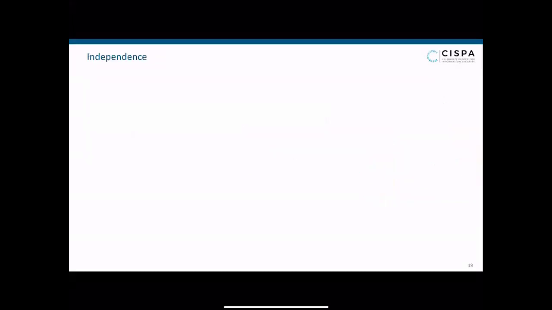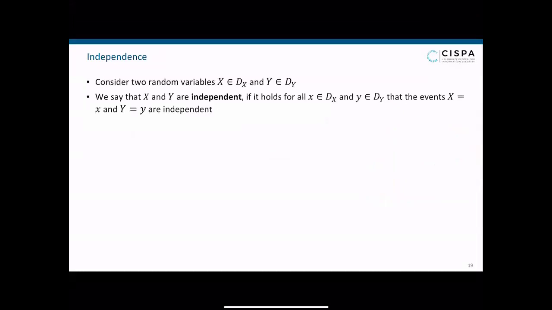Okay. Now, there's still another important concept called independence of random variables. We've already seen independence of events. And we say two random variables X and Y are independent if for all x in D_X and y in D_Y, the events X equals x and Y equals y are independent, right?